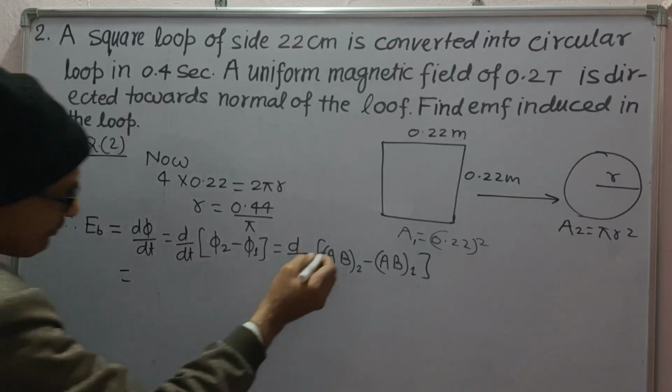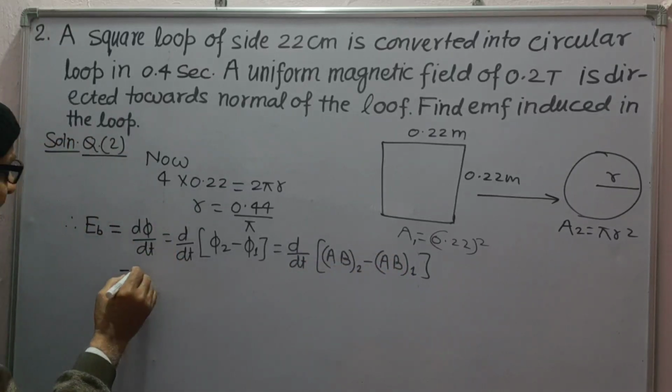Here B is same in both cases and is equal to 0.2 Tesla.